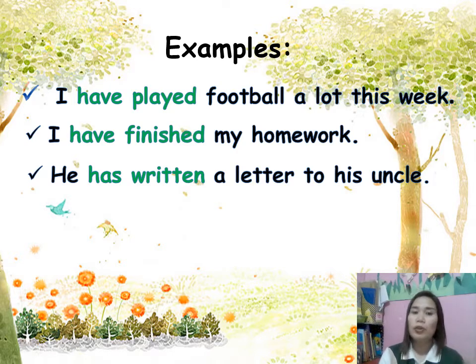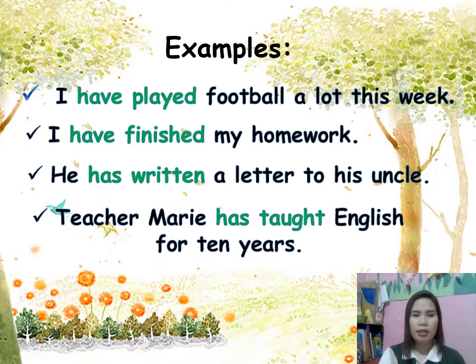The action of writing started in the past and is still continuing at the present. Next, Teacher Marie has taught English for 10 years. So until now, Teacher Marie is teaching English. That is the present perfect tense of the verb.